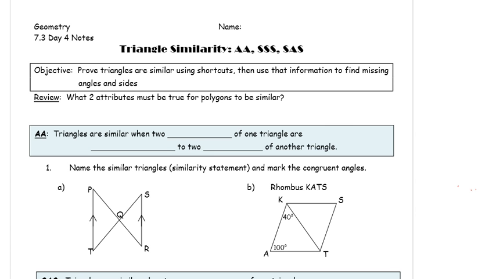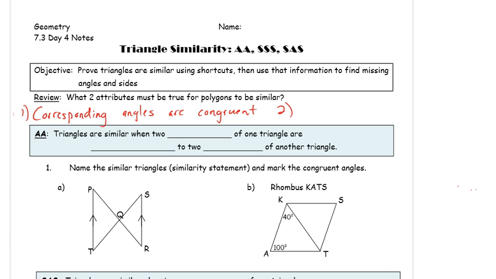So a little review. First of all, there are two attributes that we need to be true for polygons to be similar. One is that corresponding angles must be congruent. That was the same as it was back in triangle congruency.